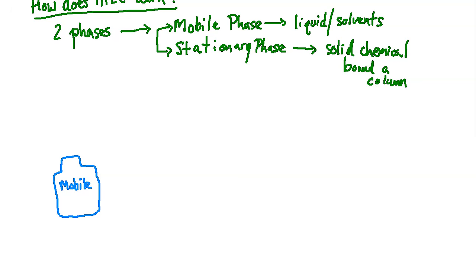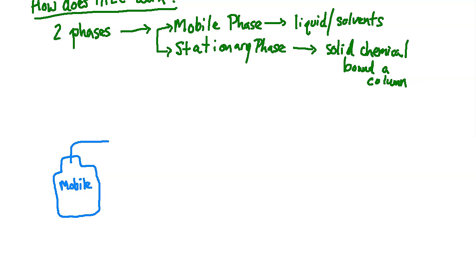So let's say it's called a solvent gradient. I want to start with 50% methanol, 50% water, and then I want to move to 75% methanol 5 minutes into the run for better separation at that point. You can program your HPLC to pick and choose different amounts that it puts through the pump at a given time.